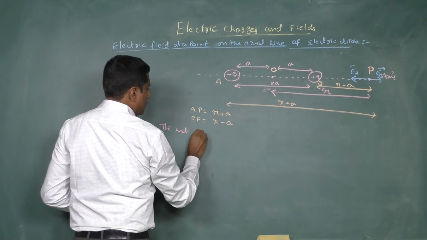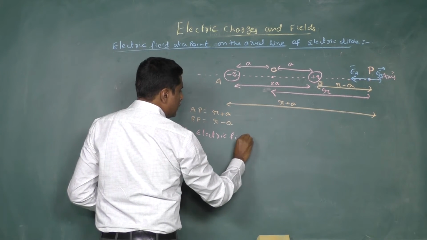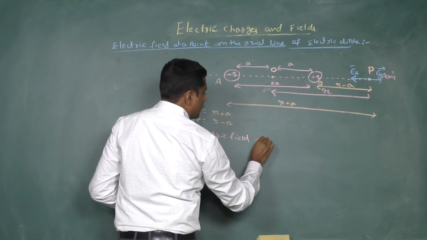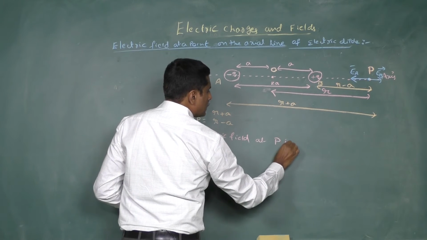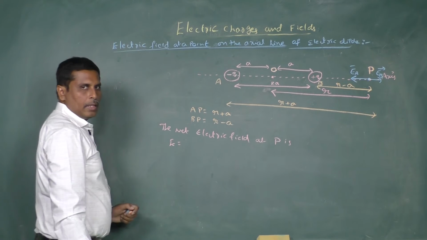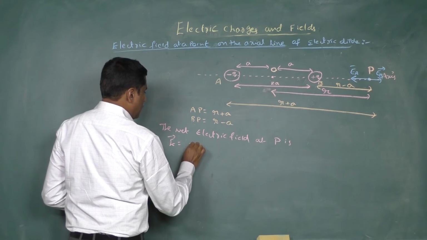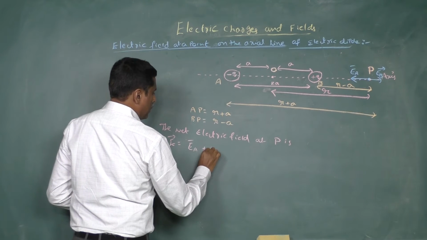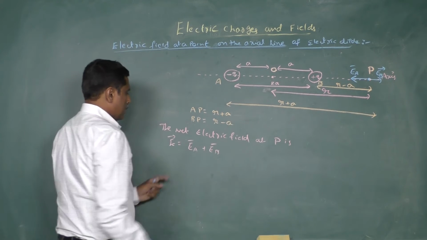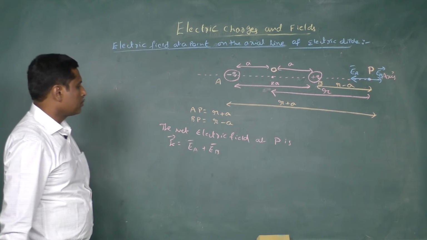the net electric field at P, so you can write E bar is equal to EA bar plus EB bar.